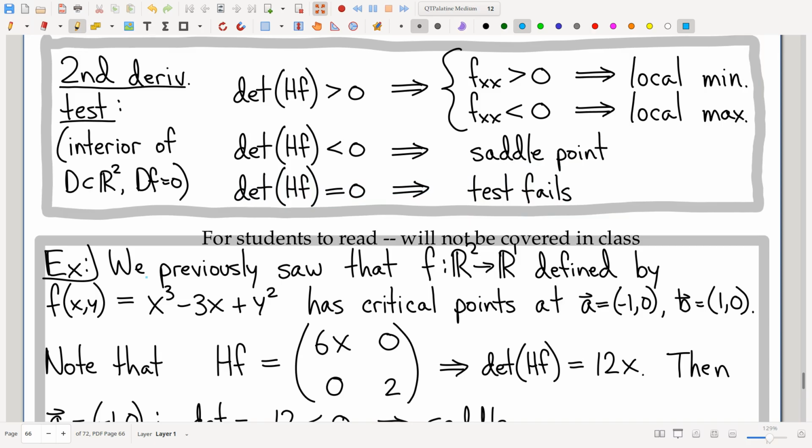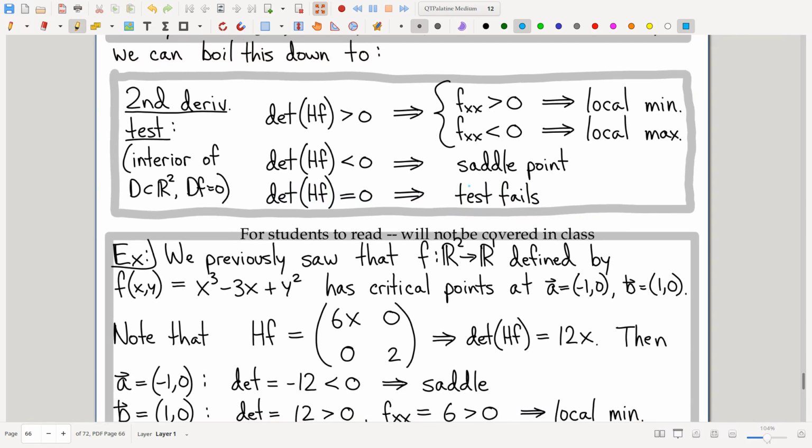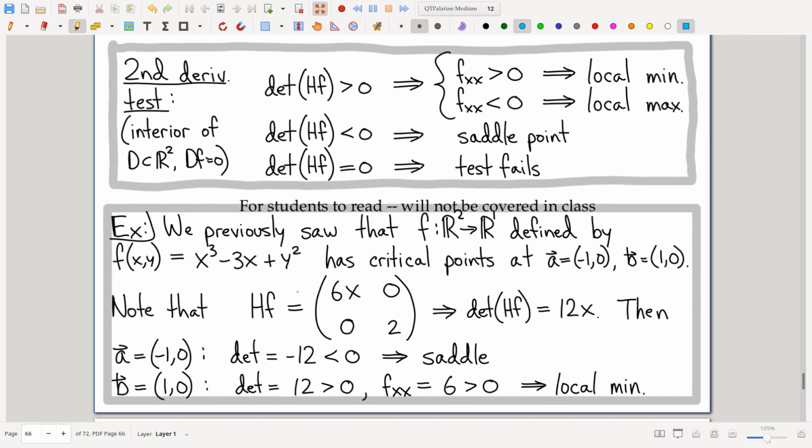Okay, so let's walk through one. Here we go. We've already looked at this function, and we've already found two critical points. Let's apply our second derivative test and just see what happens. We're going to classify these based on the second derivative test.